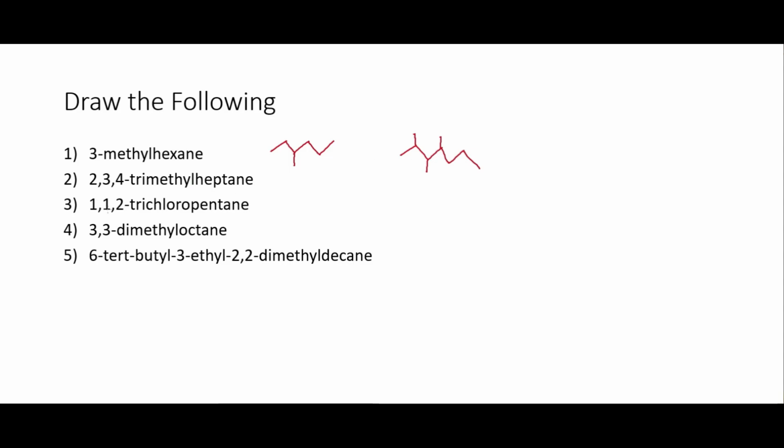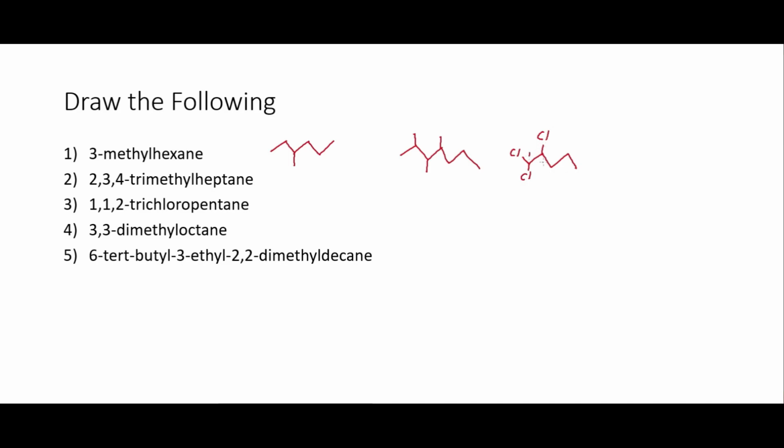Then we have 1,1,2-trichloropentane. So pentane is 5 carbons. So 1, 2, 3, 4, 5. Then we have a chlorine there and a chlorine there, and then another one on the second carbon.